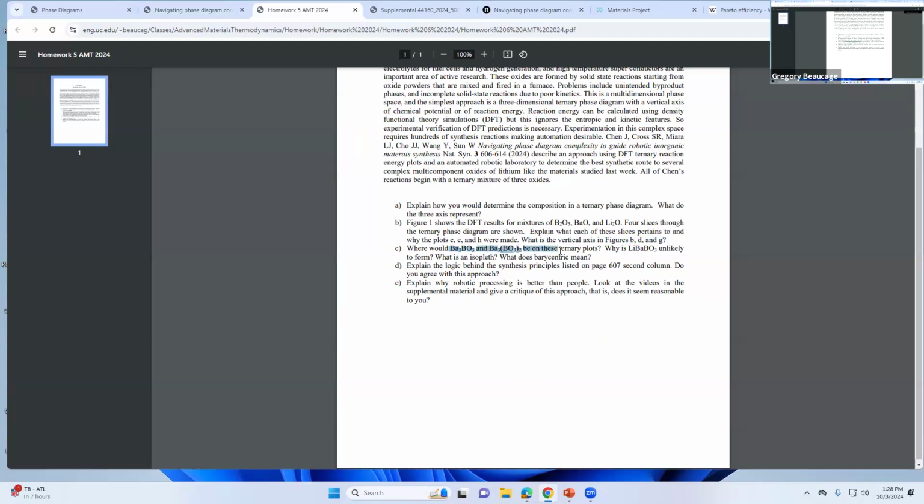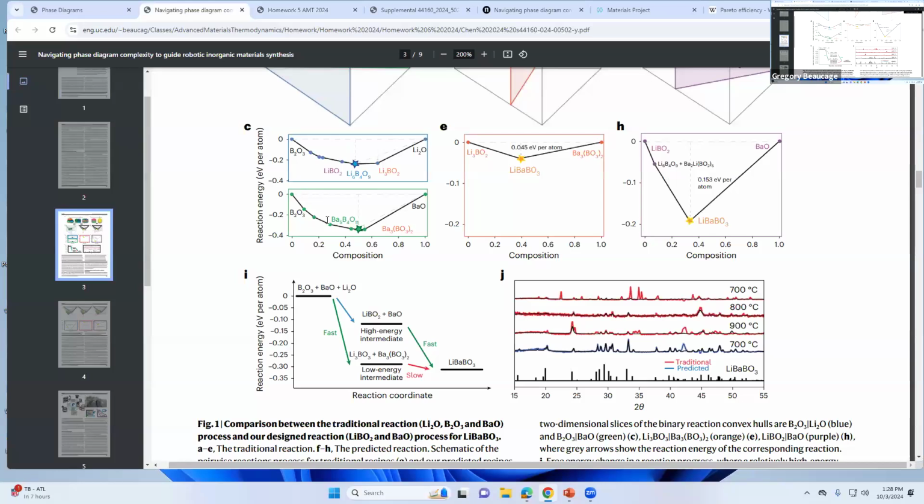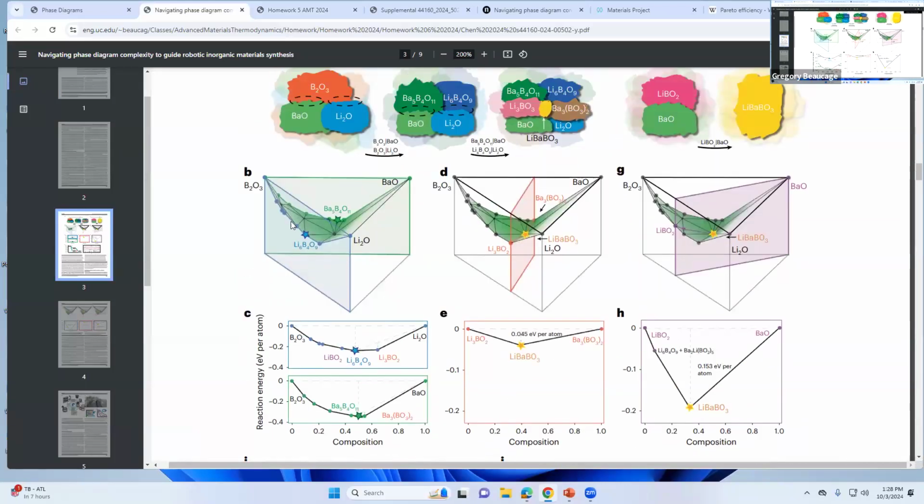Where would these things be on the ternary plots? These are just barium boron, just two barium boron. So this is going to be along the barium boron side of the 3D plot. So those will be wherever the barium boron, like the green one, is. Basically those are going to be along this curve, and you can pick out where they would be.